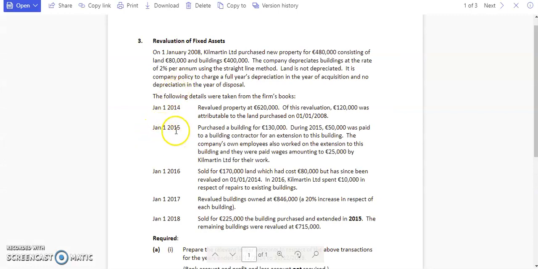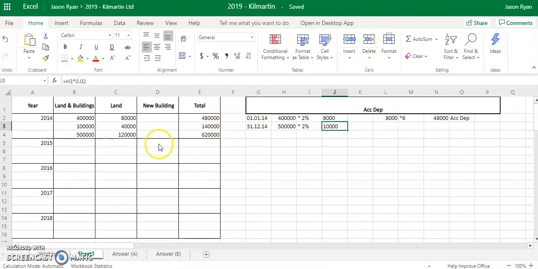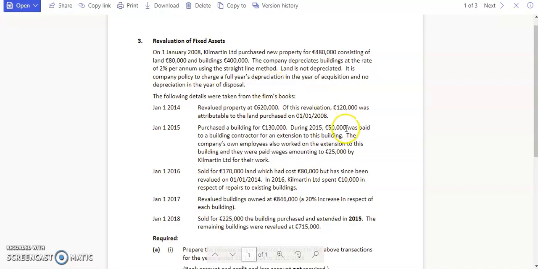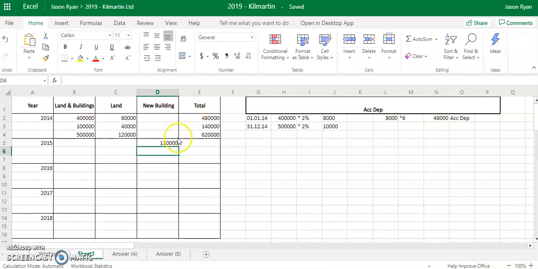So in 2015, they purchased a new building for 130,000. So in here, we're going to have 130. And then what they do with it is they paid 500 to a building contractor and 2,500 for wages. So that needs to be added on because it's a new building.